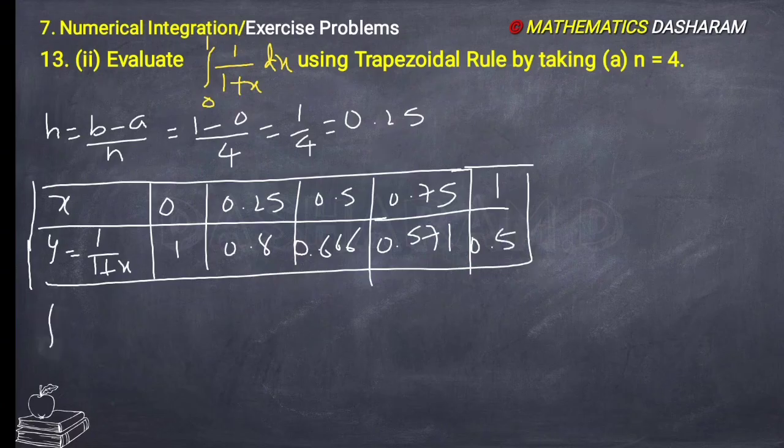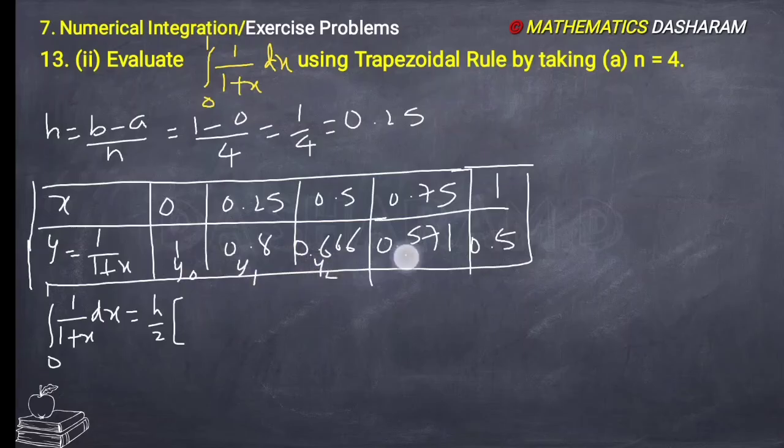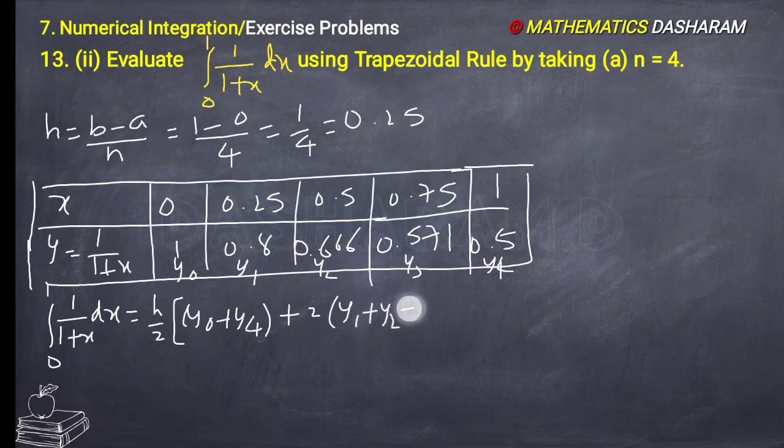So then the integration 0 to 1 of 1 by 1 plus x dx equals to, the formula is h by 2 bracket of y0, y1, y2, y3, y4, sum of the first and last ordinates, y0 plus y4, plus 2 into y1 plus y2 plus y3.